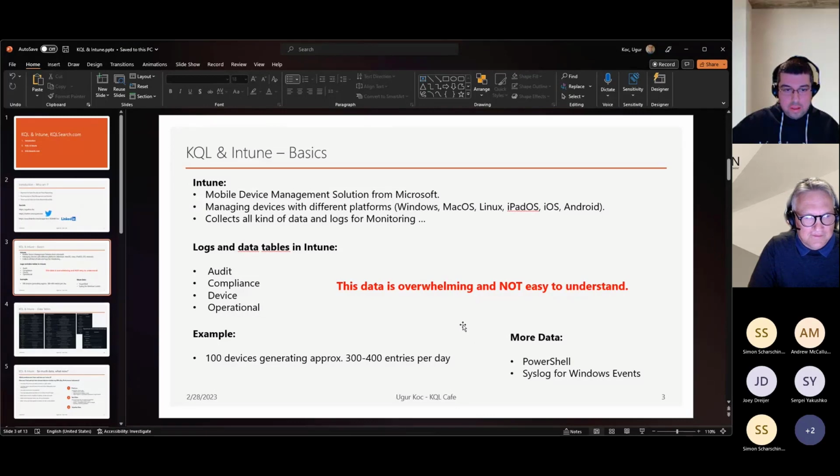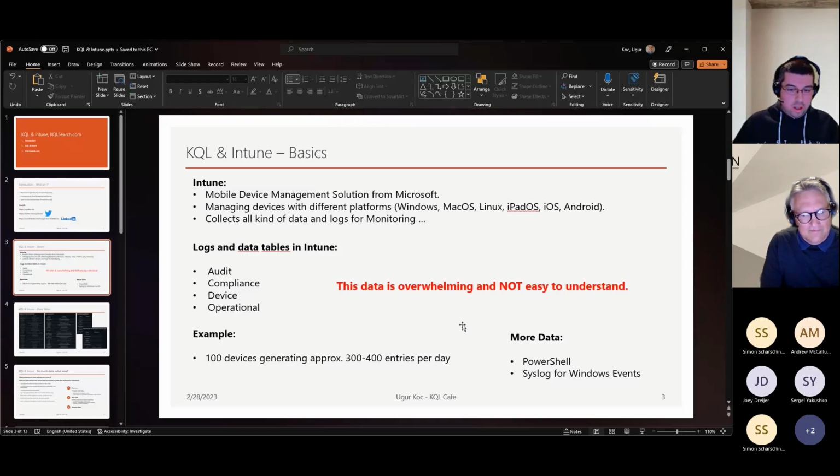So we have also another option. Intune has these data tables built in: audit, compliance, device, and operational. But we can also ingest data via PowerShell. Imagine we have a Log Analytics Workspace, which is like a bucket, and you can also ingest data with PowerShell. Things like installed applications on your device that are maybe not seen in Intune, like portable applications.